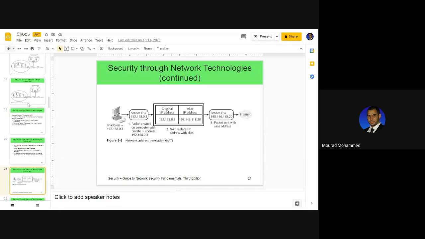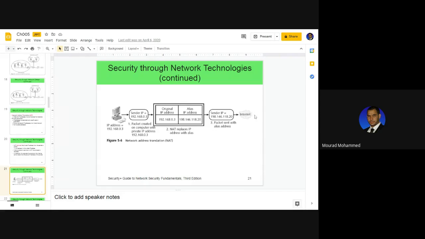Here we have the original IP address, a mimic IP address, and this is the external world. Suppose that you have one device, but if it is a list of devices, a local network, they would all have real IP addresses, and all be having an alias for their own IP addresses. For one computer, there is one real IP and one alias.